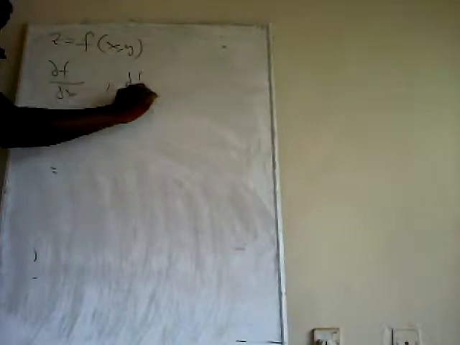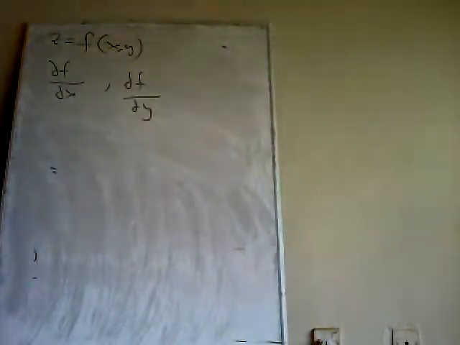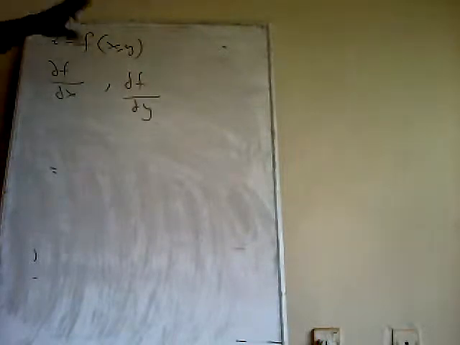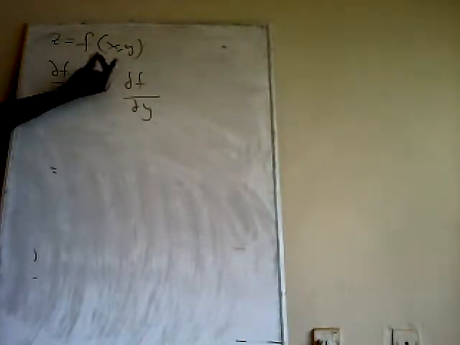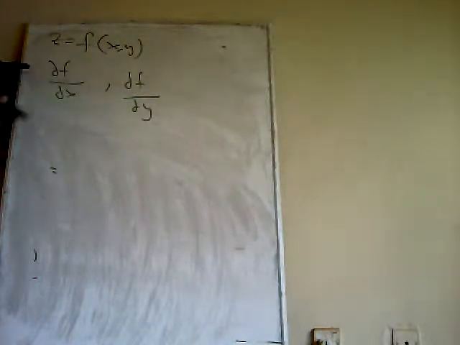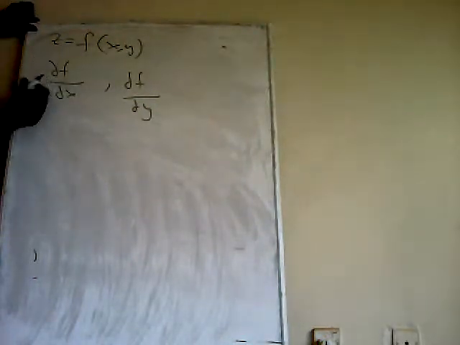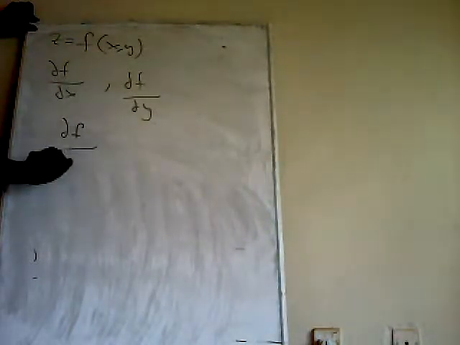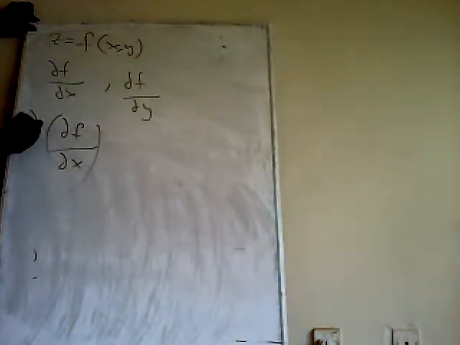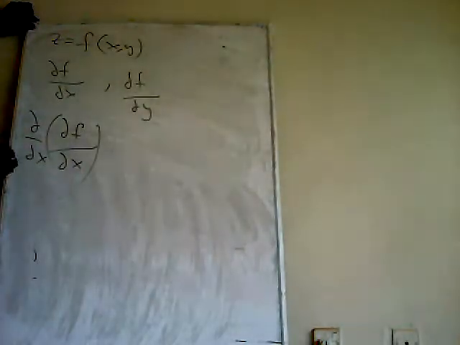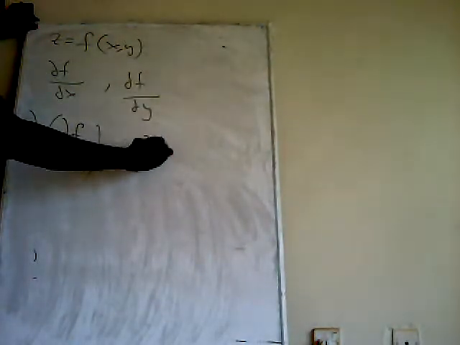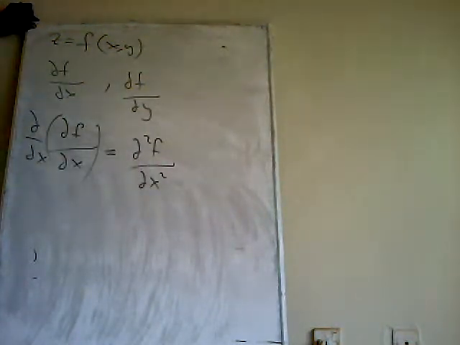We know if a function depends on 2 variables, then we can find del f, del x, and del f, del y. This may be a function of x and y. You understand? So we can take a second derivative by differentiating this again, right? I want to differentiate that with respect to x, and this is going to give me del square f over del x squared. That's how we put it, right?